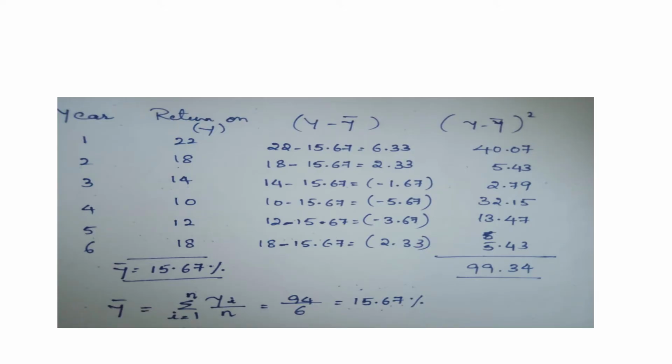So square it, 6.33 into 6.33, so you are going to get 40.07. 2.33 into 2.33, that comes 5.43. Same you have to do it for other numbers also. So now total it, 99.34 you are getting.